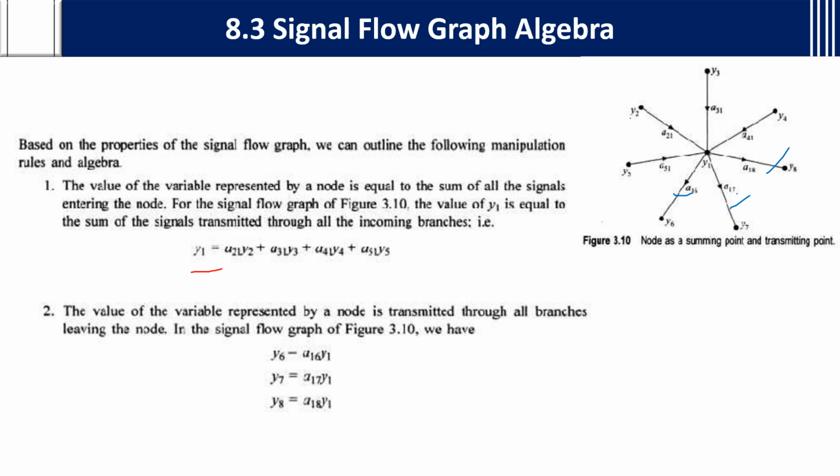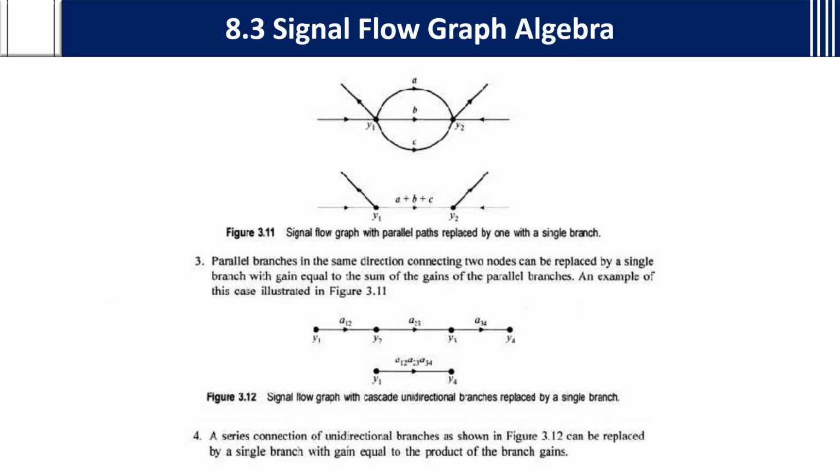So this will be the input node, no? Incoming: y1 will be equal to the sum of incoming signals; outgoing: y6 will be equal to y1 times that respective gain. Understood?